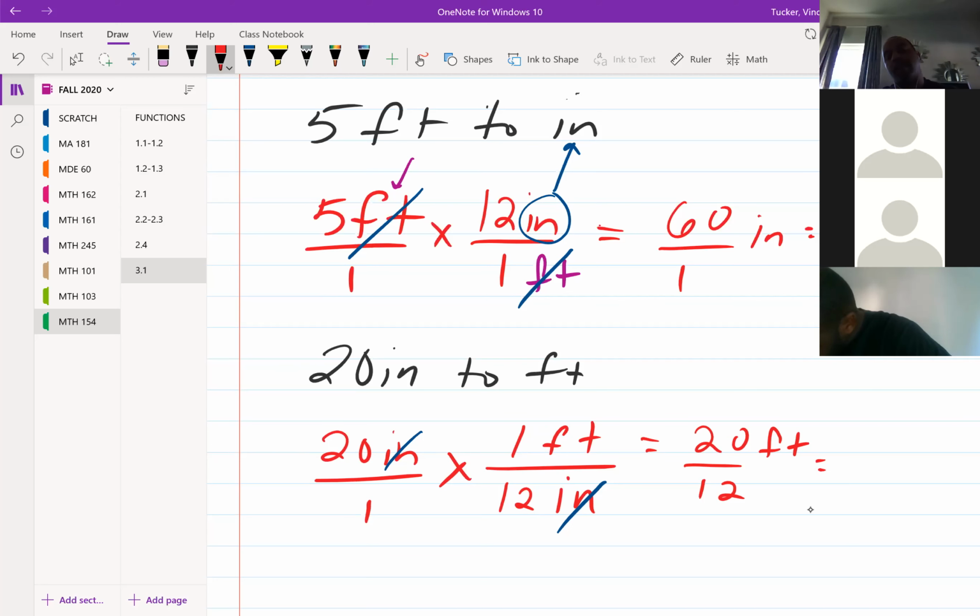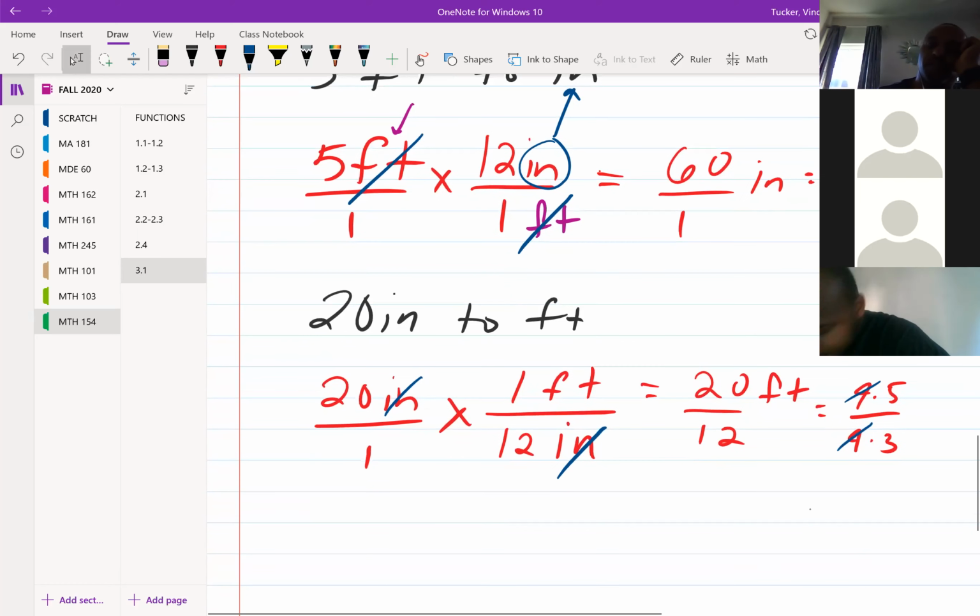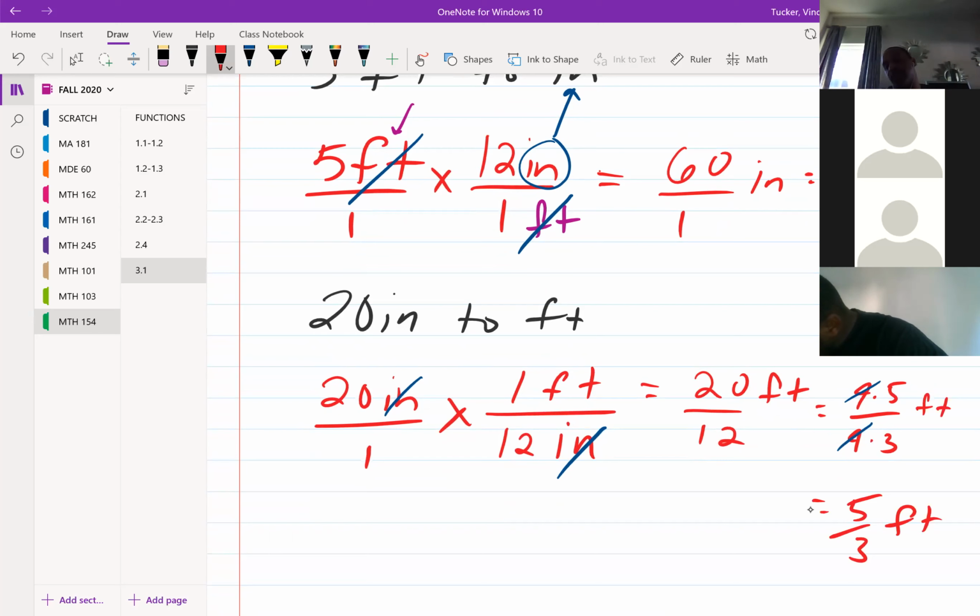Depending on what your math lab wants from you, you can either leave it in fraction or write it in decimal form. If we're going to do fraction, fours will cancel. 4 times 5, 4 times 3. Since they left the other thing in fraction, we'll leave this in fraction as well. And that's that.